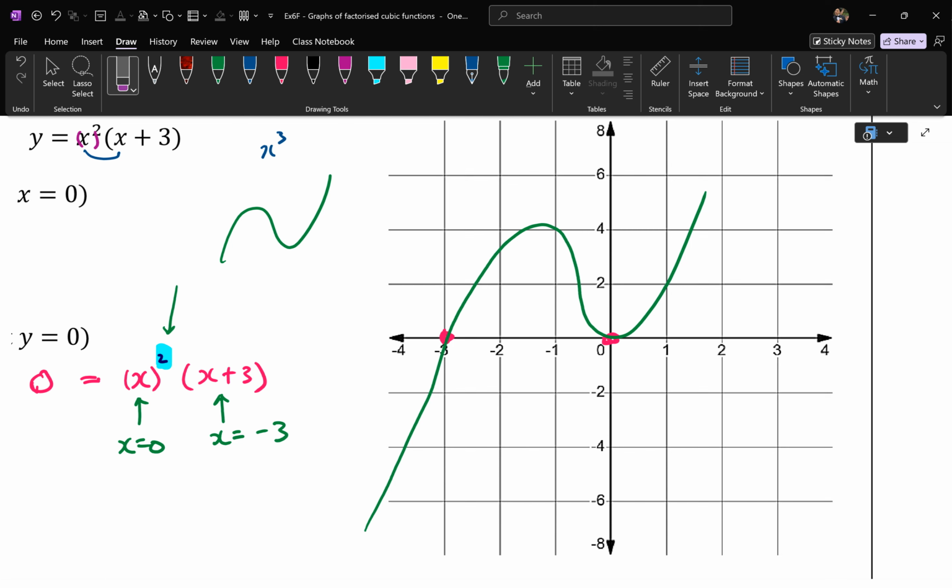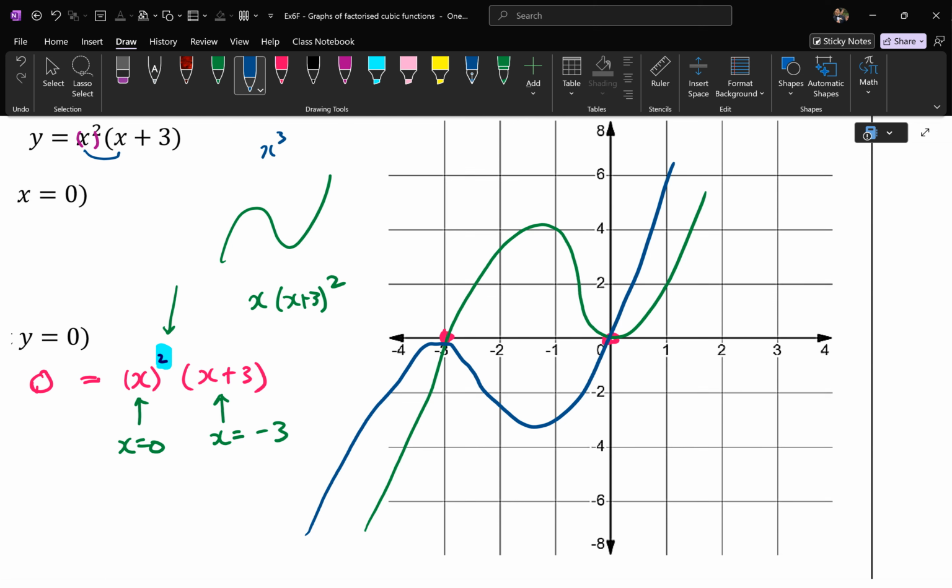A quadratic factor will make it have a turning point. Okay, so it crosses through -3, turning point at x equals 0. Had it been the other way around, had I given you instead x times x plus 3 squared, then that would have been the other one. That would have been turning point at -3 and cross through 0. Does that make sense? Okay, so wherever that square is, there should be a turning point.